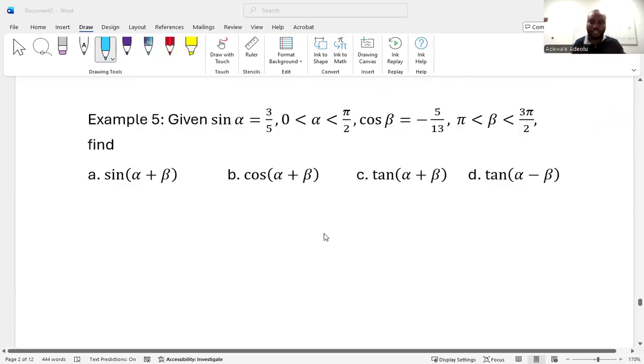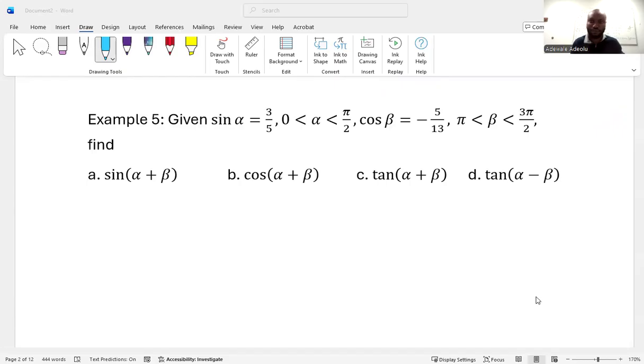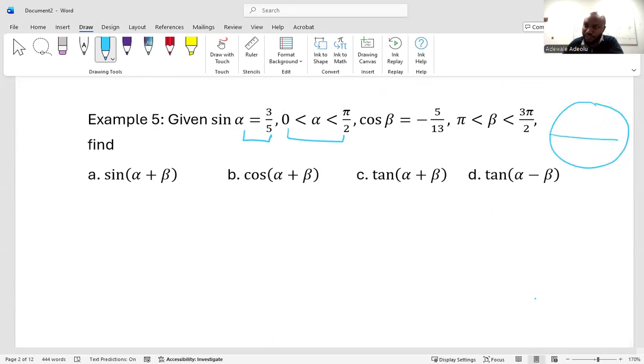So moving on, I want to solve further examples using the ideas that we talked about from the last lesson. Given that sine of alpha is 3 over 5, and it is between 0 and pi over 2, that is, it is in the first quadrant.